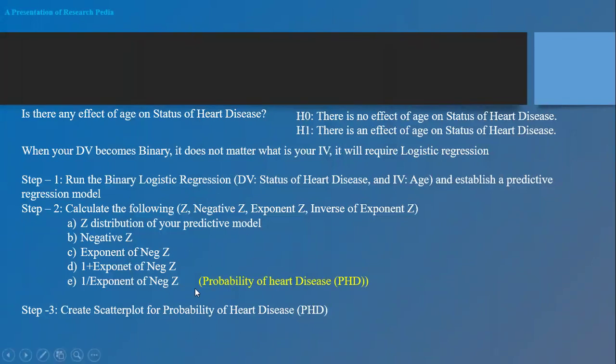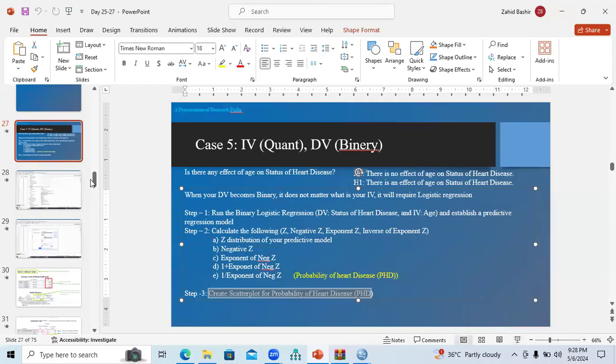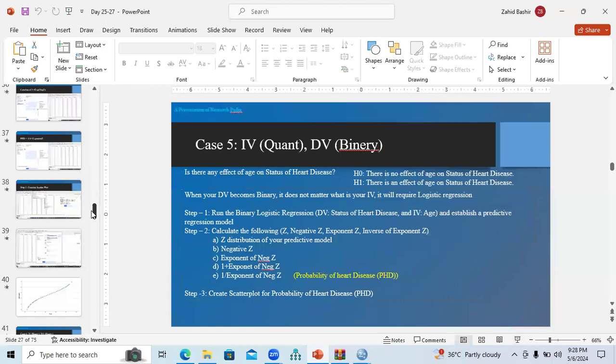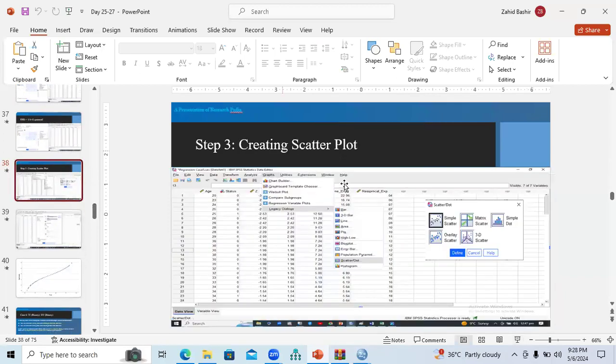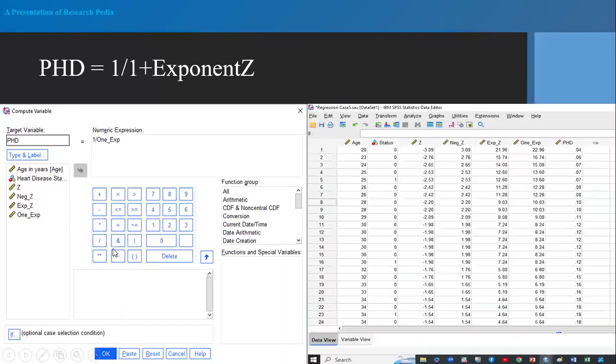Each time you need to follow this procedure to consider the probability of having something, that is your dependent variable. So I need to show you the last one. After creating the probability of having heart disease, we need to create a scatter plot here.